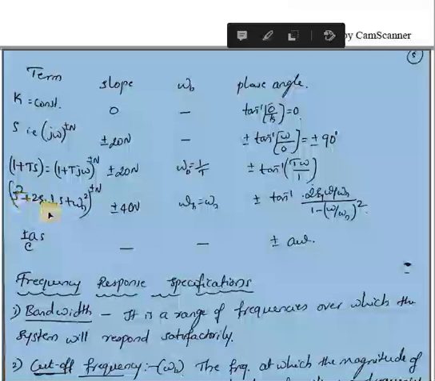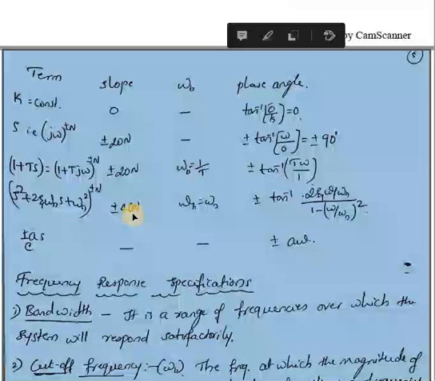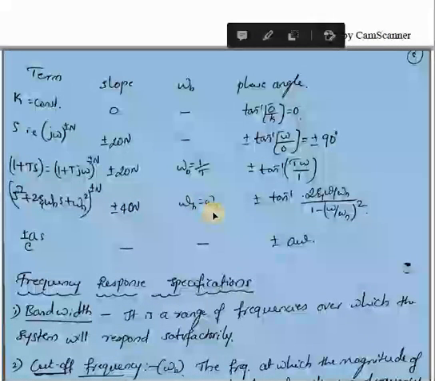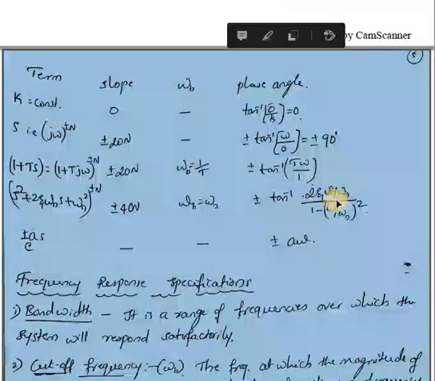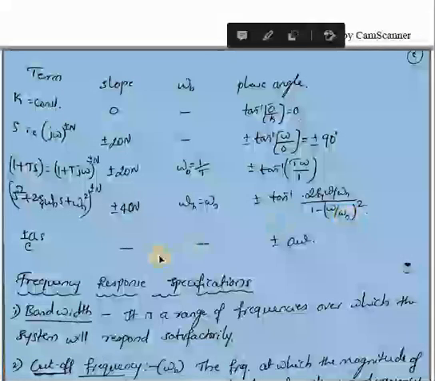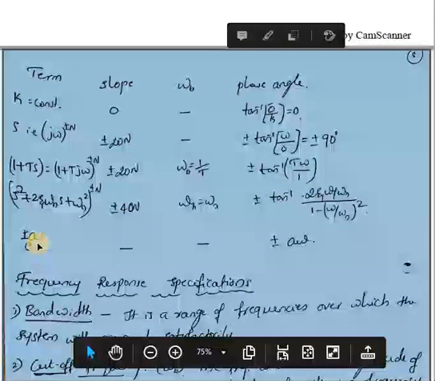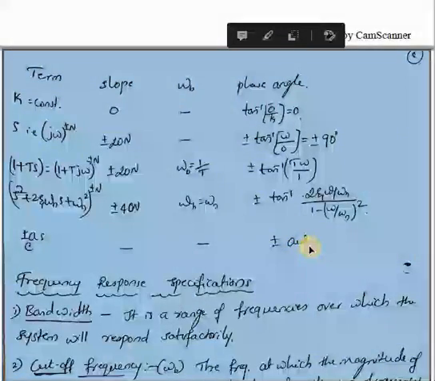Similarly, if it is a quadratic pole or zero, that time the slope will be plus or minus 40n and the break frequency will be equal to omega n, and the angle will be tan inverse of 2 zeta omega by omega n divided by 1 minus (omega by omega n) whole square. And if there is a term like e raised to plus or minus a s, for that also there will not be any slope or break frequency. The phase angle you have to take as a into omega.